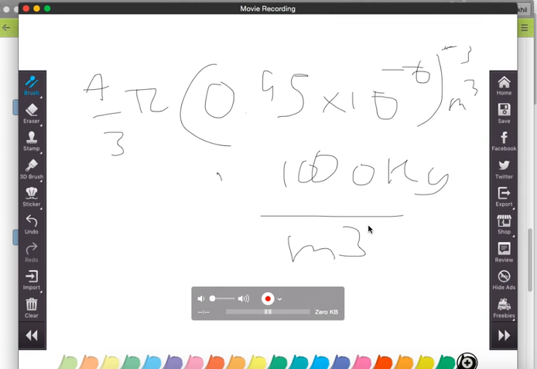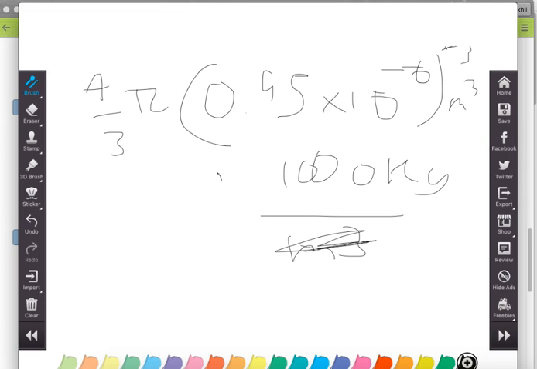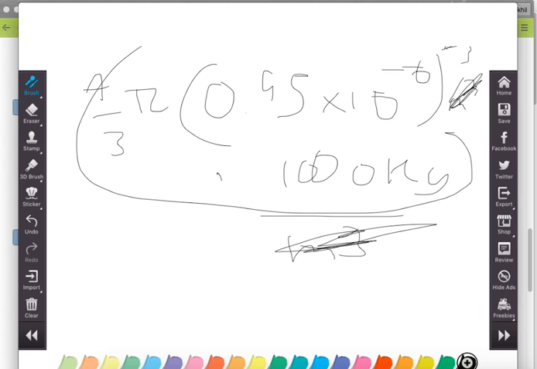And then you can do this little canceling thing. You cancel this, and then you get this as the mass in kg. So 3.59 times 10 to the minus 13 kg is what I got.